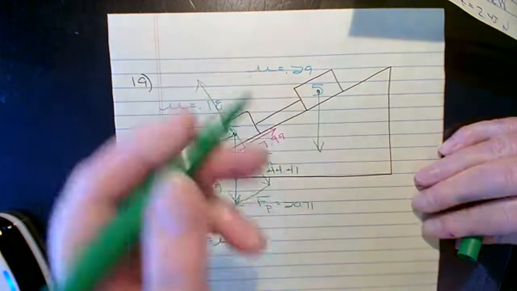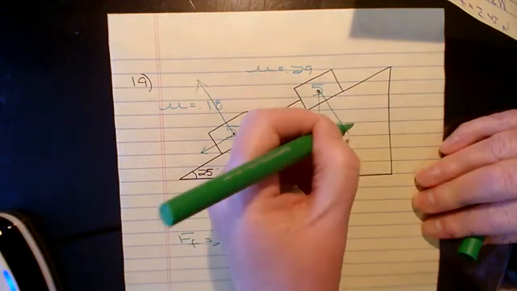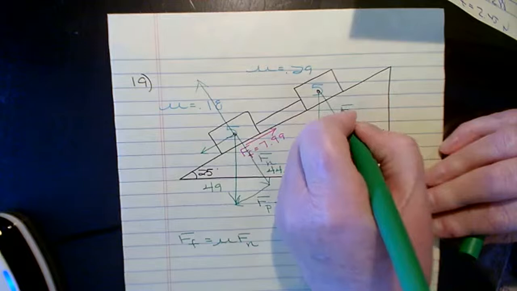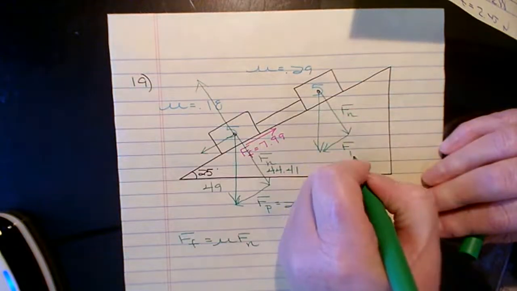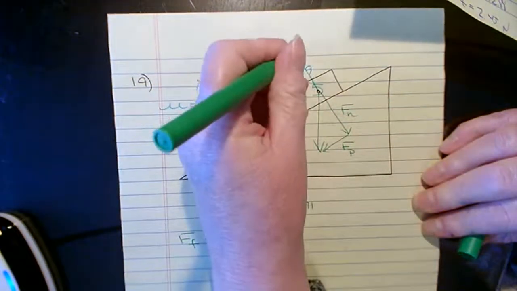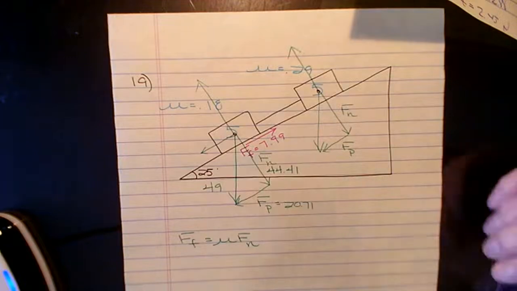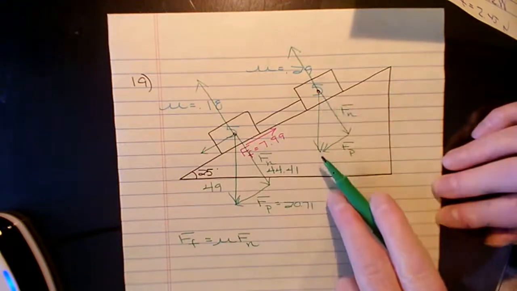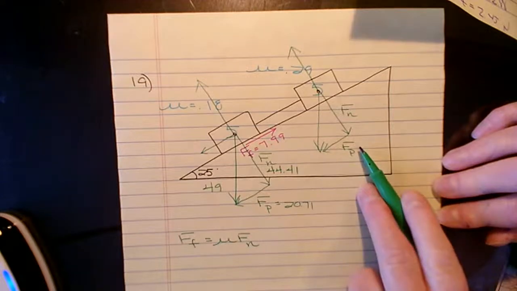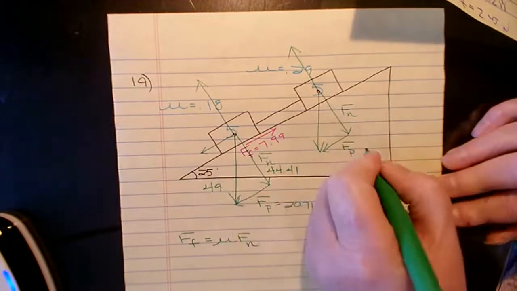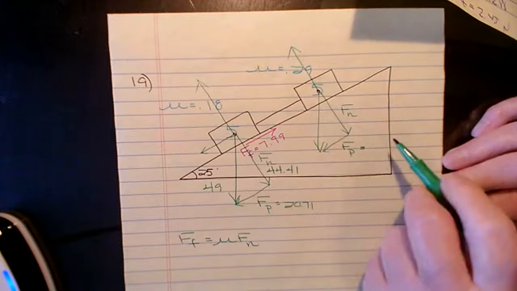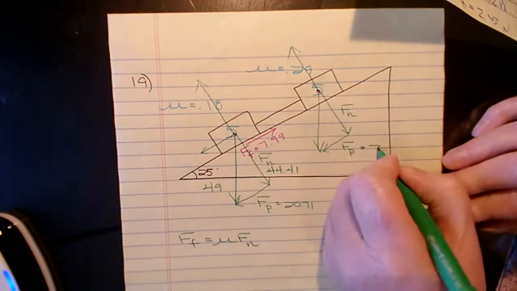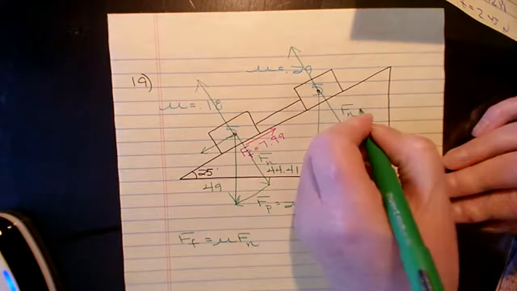Then I have the same thing happening over here with this box. I have FW, FN, and FP, and again the real FN goes up. But number crunching wise, since the block has the same mass, FW is the same, and it's the same angle, so FP is going to turn out to be the same, FW sine theta, 20.71.